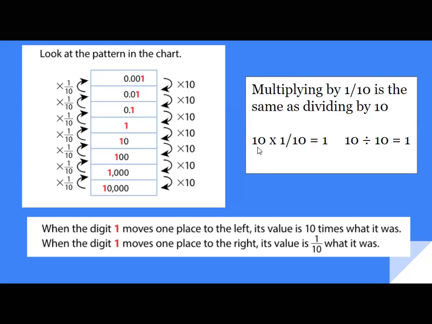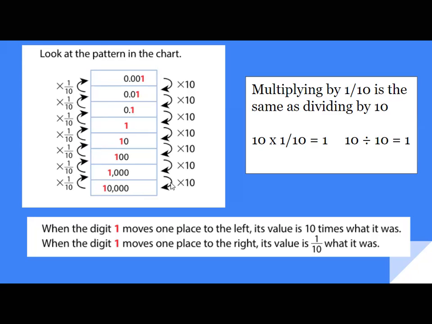If we take the number 10 and multiply it by 1/10, we end up with 10/10, which is 1 whole. Or we could say 10 divided by 10, which is 1 whole. So when we're multiplying by 1/10 every time, that's the same thing as dividing by 10. So 10,000 divided by 10, 1,000 divided by 10, and so on.